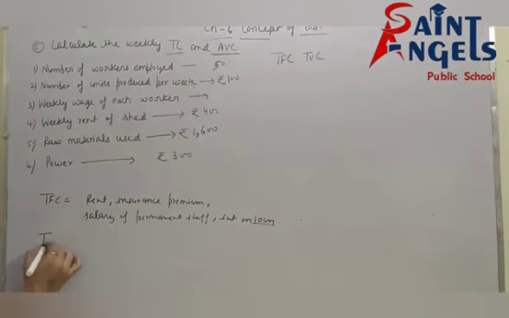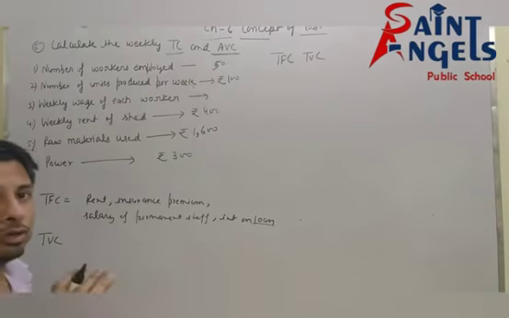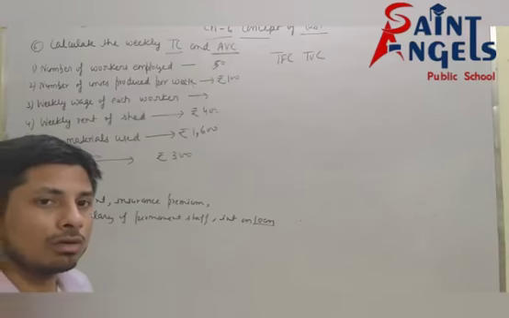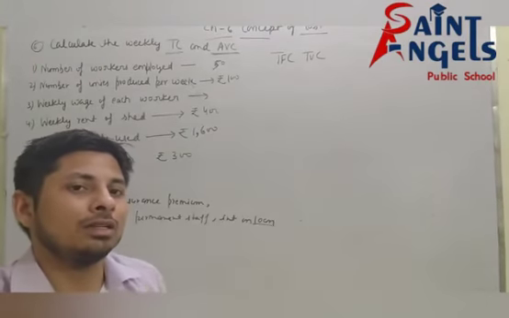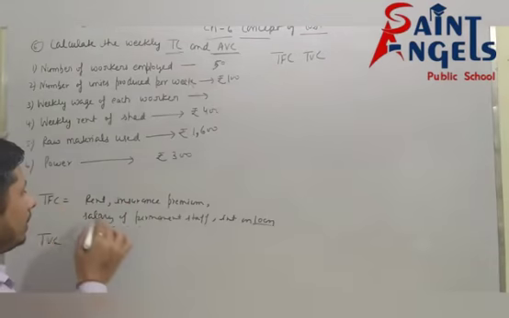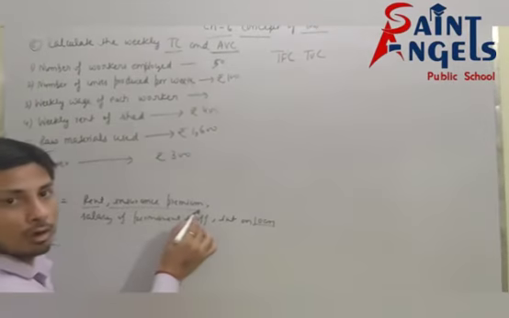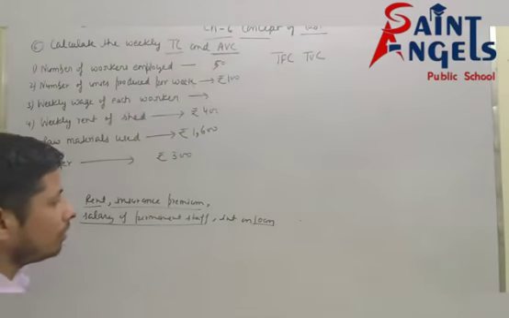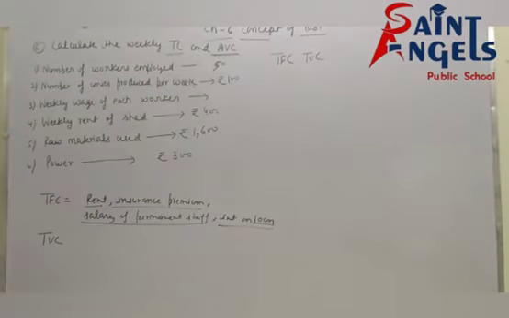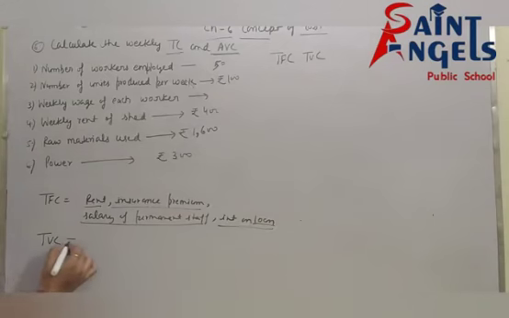So these are the examples of total fixed cost, because you know that total fixed cost remains constant at all levels of output. What does it mean? It means whether output is large, small, and even zero, rent amount will be same, insurance premium amount will be same, salary of permanent staff will be same, or you can say interest on loan will remain constant. But what are the examples of TVC?